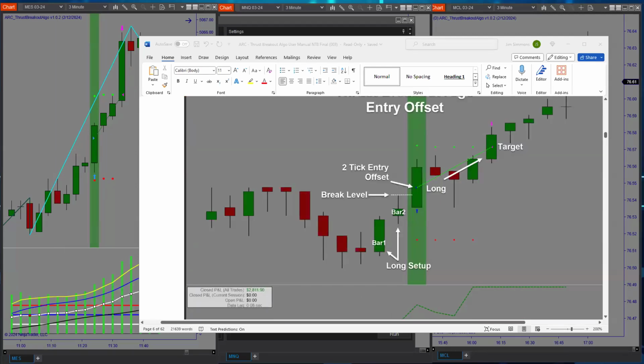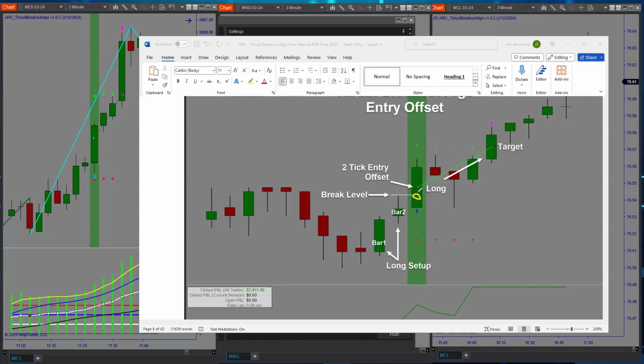Entry offset. If we go over this one, this is going to tell the system at what point it is okay to take an order. So most of the time, if your base candle's here, and once this candle closes, the algo is now set, as in it's ready to trade because it found the pattern, rally, base, and now it's just a matter of when to get in, where to get in.